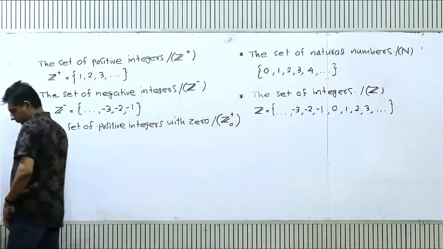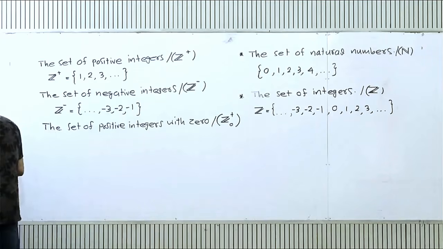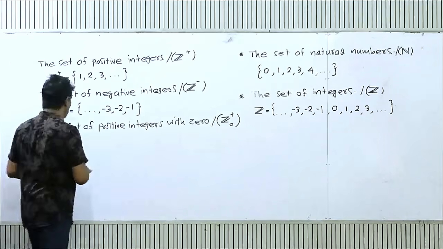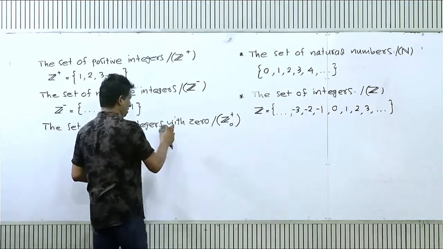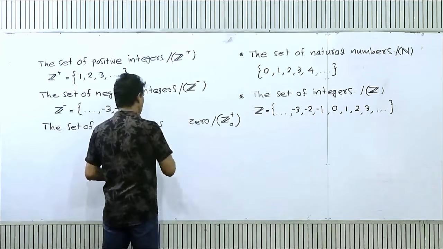Then third one, the set of positive integers including 0, right?